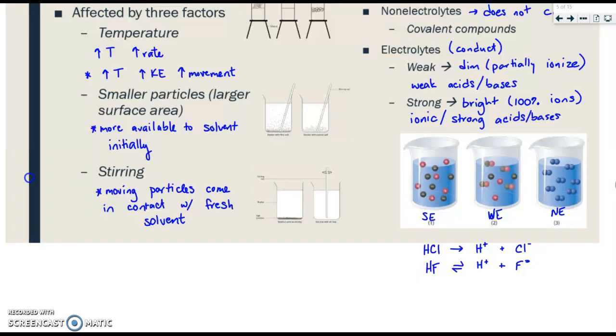And finally, for non-electrolytes, even though this is normally not written, anything covalent is considered non-electrolyte. So we can draw C6H12O6, okay, and say basically that it stays C6H12O6 because it's not going to break apart. Okay. Moving on.